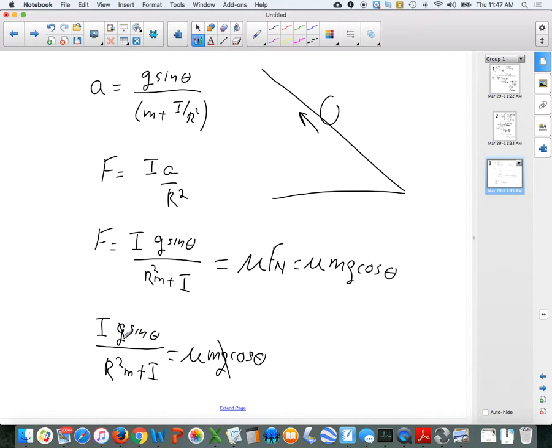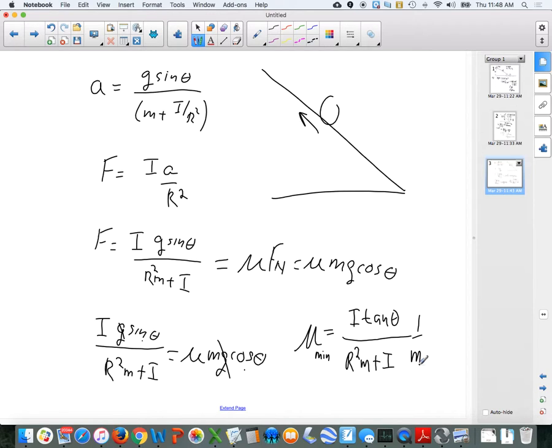The g's are going to cancel out, and I can write an expression for mu. Mu is equal to I tangent theta, sine over cosine, divided by r squared m plus I. And that's the minimum mu in order for the thing not to slip. Did I leave something out? Yeah, there should be an m. Thank you. 1 over m.